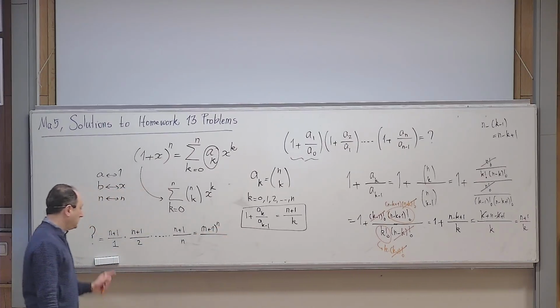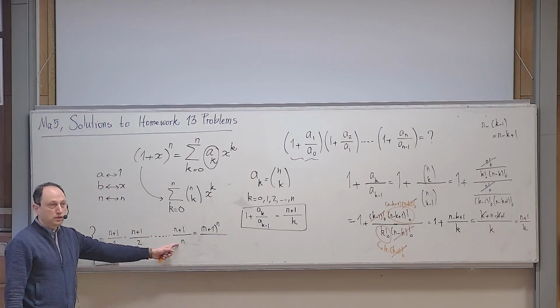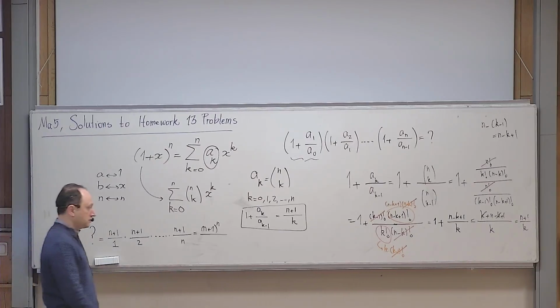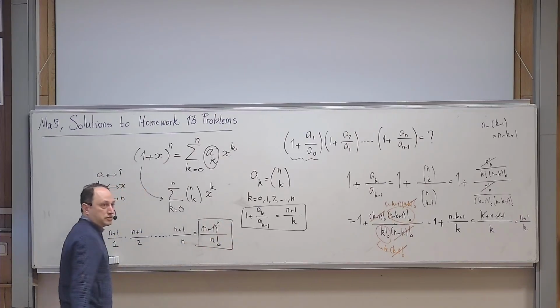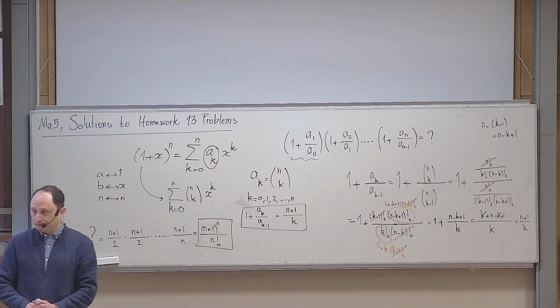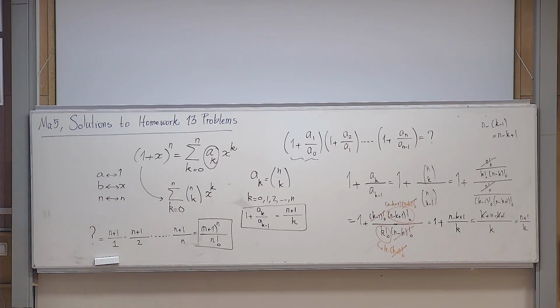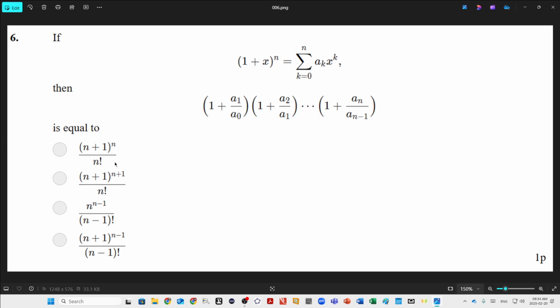And in the denominator, you see 1 times 2 up to n, which has a name. What is it? N factorial. So that is the answer. Yes? Is it there or not? Yes, it is here. It was a good question. It was not hard, but I would say that it was reasonable.